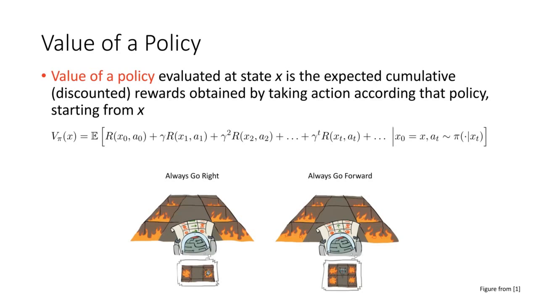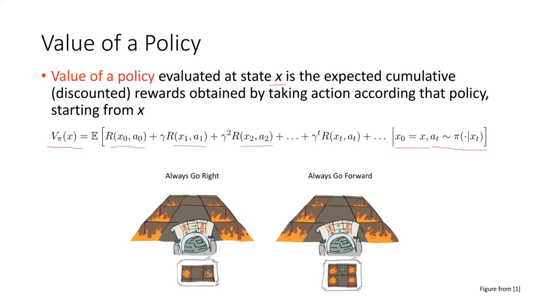The value of the policy phi evaluated at state X is the expected cumulative discounted rewards obtained by taking action according to that policy starting from X. Assume that your initial state is X, and assume that you are taking control action according to the policy phi. Then first step, you will get a reward. Second step, you will get another reward.